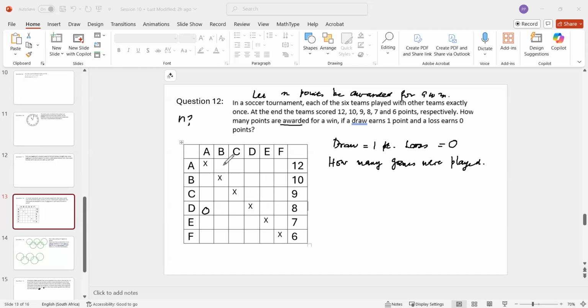So there's a game here. A plays C, A plays D, A plays F, B plays C, B plays D, B plays E, B plays F, C plays D, C plays F, and finally D plays E, D plays F, and E plays F. So the number of games is 5 plus 4 plus 3 plus 2 plus 1. It's 15. The answer is 15. 15 games are played.